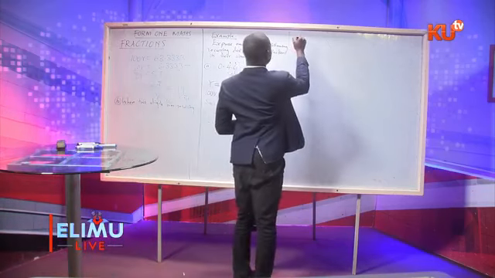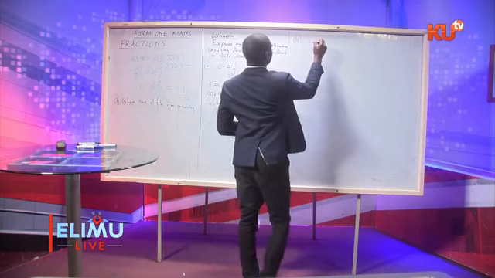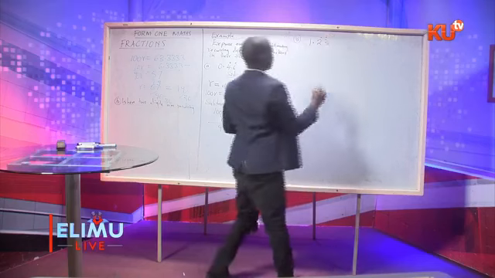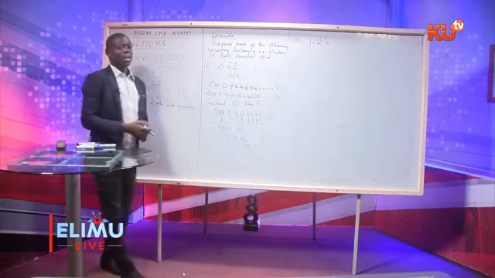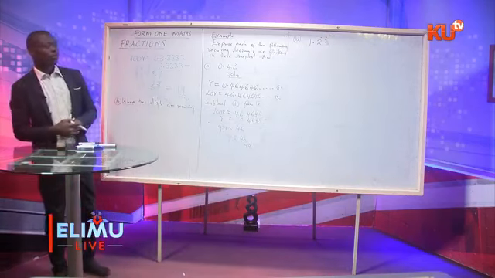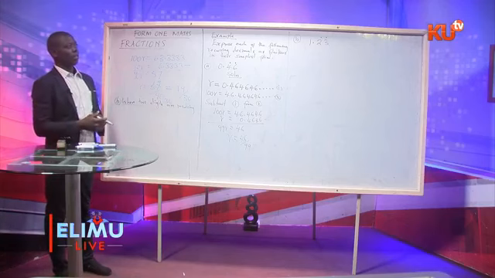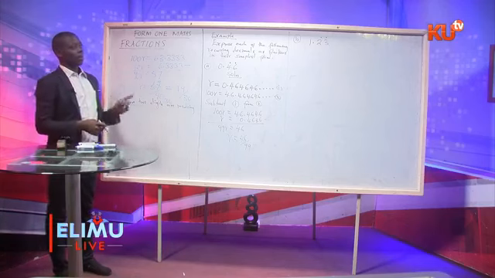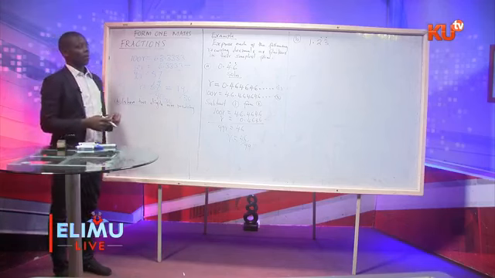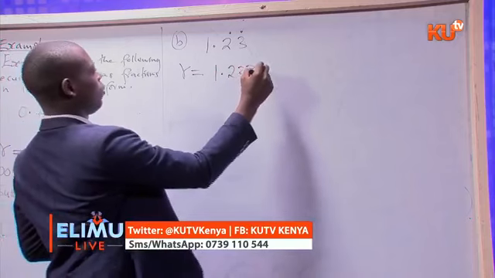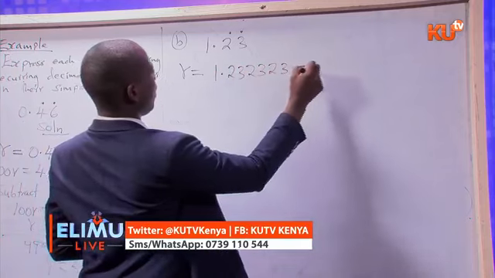What about this case? Let's try 1.23 recurring. Step number 1. Our R becomes 1.232323.